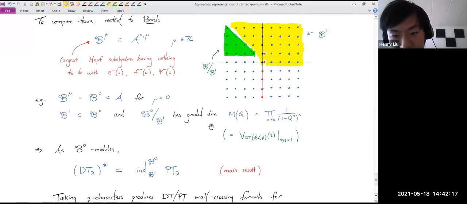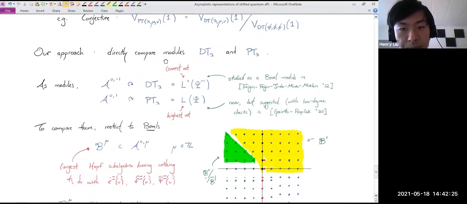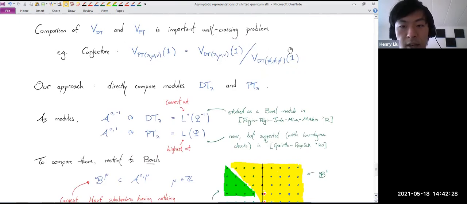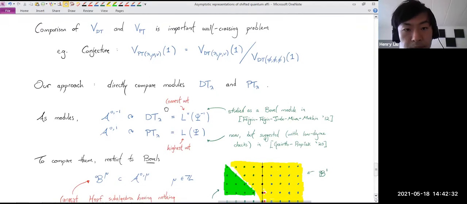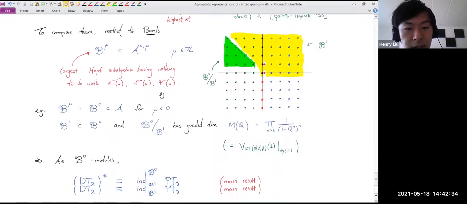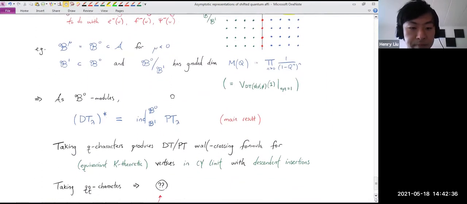It's exactly the Calabi-Yau limit of this DT vertex with no legs and no insertion, which, if you think back to the conjectural DT-PT formula, is exactly this thing in the denominator of the right-hand side. So that's a confirmation that maybe we're on the right track to something.